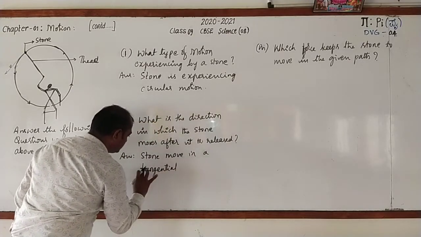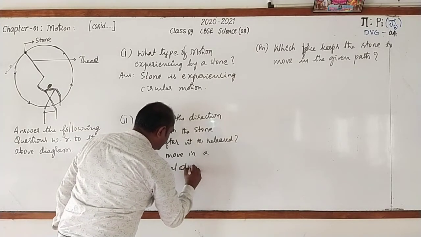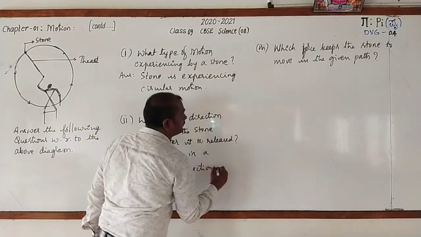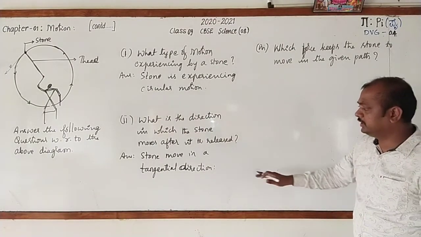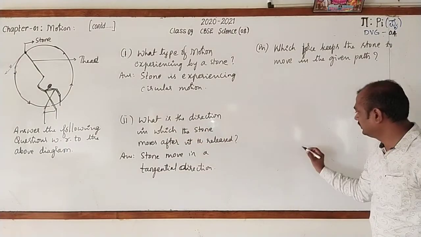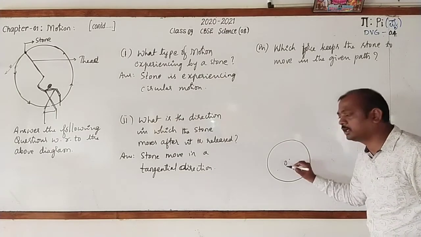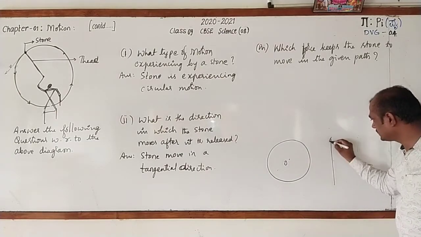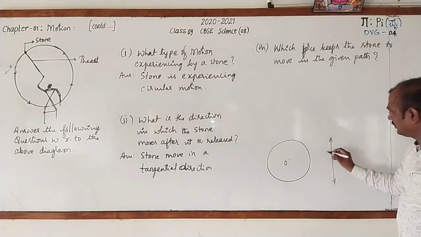Then you may be thinking, what is a tangent? Let me tell you that. Look here. We are going to use a mathematical concept to define a tangent. This is a circle with center O, and here is a straight line. The line is away from the circle.